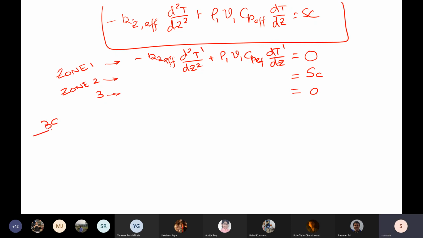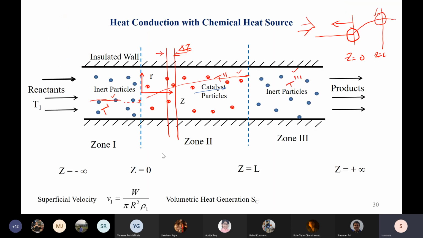Now I have to think about what the boundary conditions are: at Z equals minus infinity, at Z equals 0, and at Z equals plus infinity. If you go back to the figure, at Z equals minus infinity, T1 is going to be equal to T suffix 1.